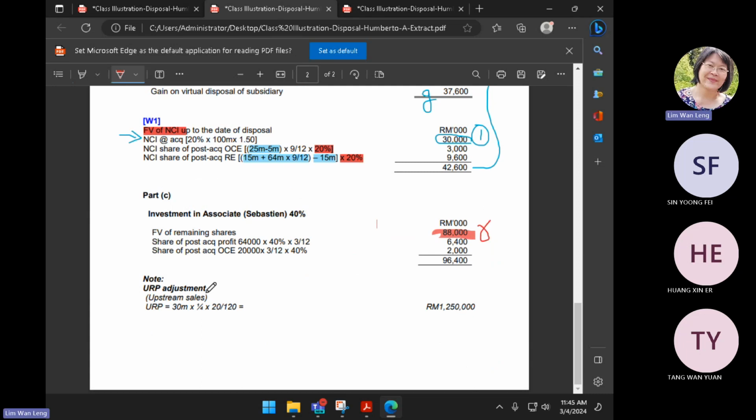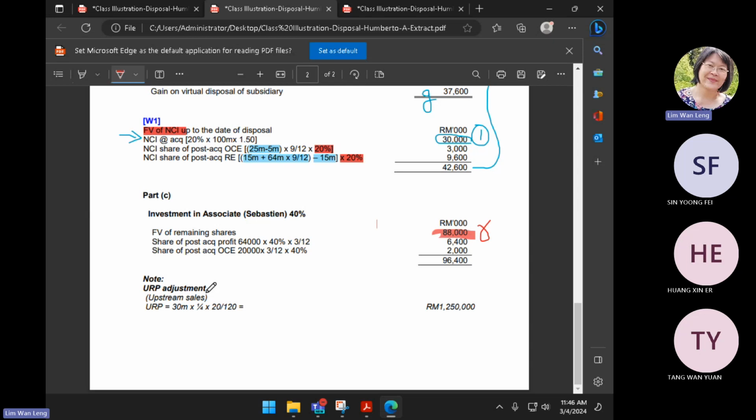And then remember in the post-acquisition period, that means after Sebastian becomes an associate, there are still 3 more months to go. So in the 3 months status as an associate, you also have a share of the post-acquisition RE and the post-acquisition OCE. So you take your share, 40% is your share, but only with respect to the last 3 months.